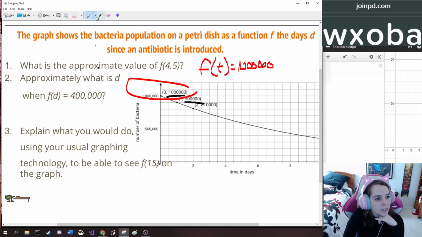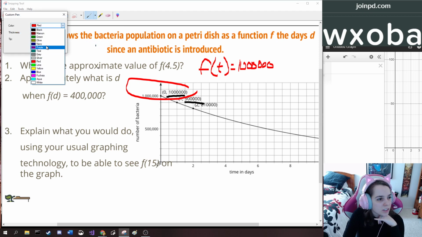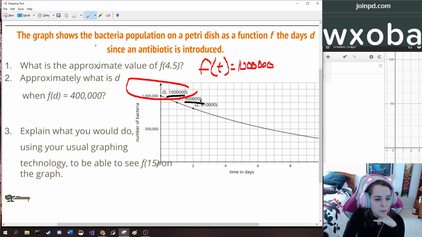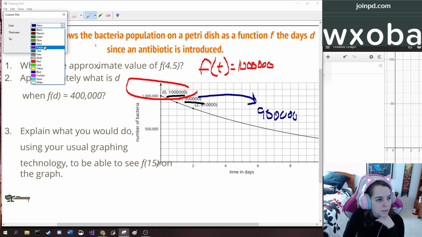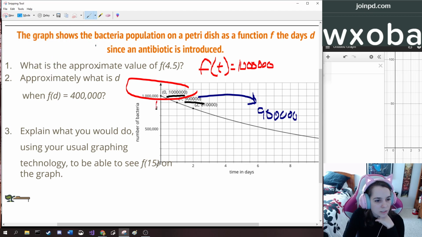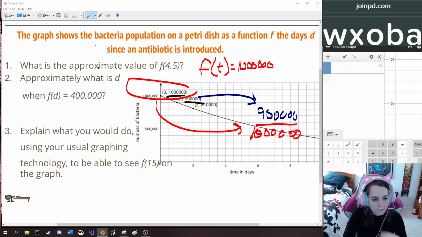Okay, to find our rate of change, you would take the 900,000 and you would divide that by your 1 million to find your rate of change. Okay. You can cancel out all these zeros that are the same, and you could get 9 over 10, which is 0.9.